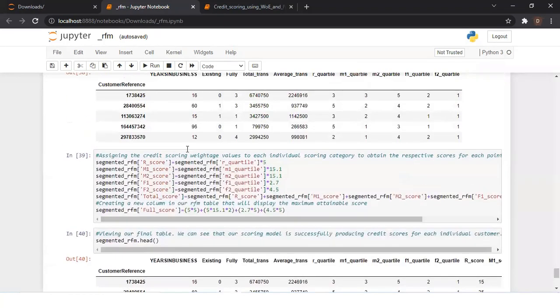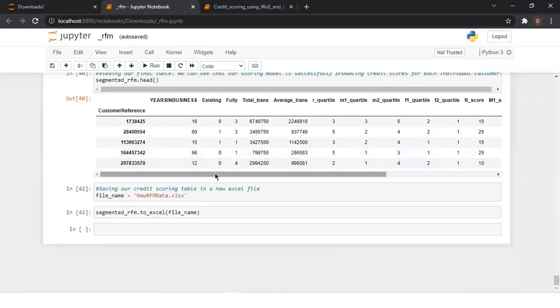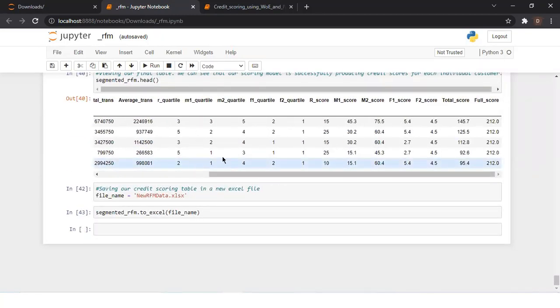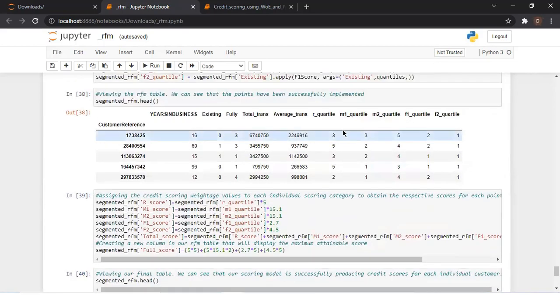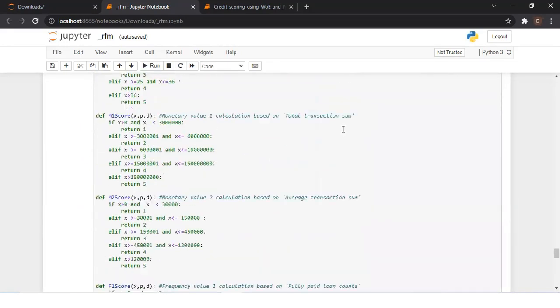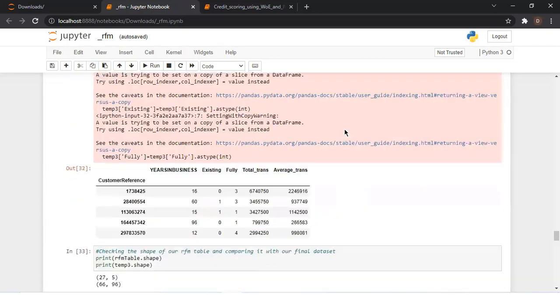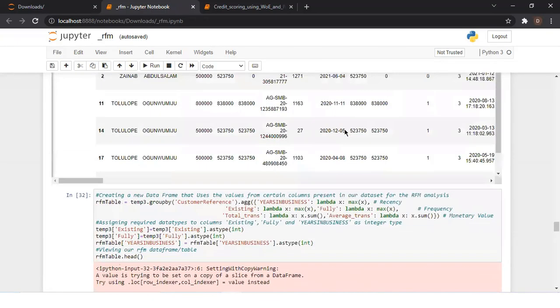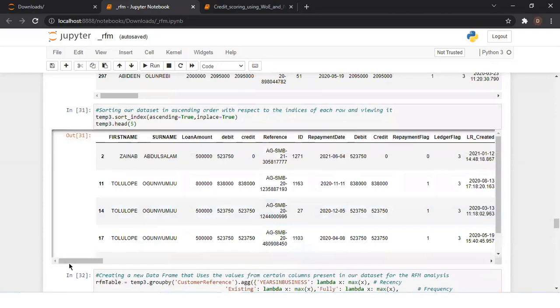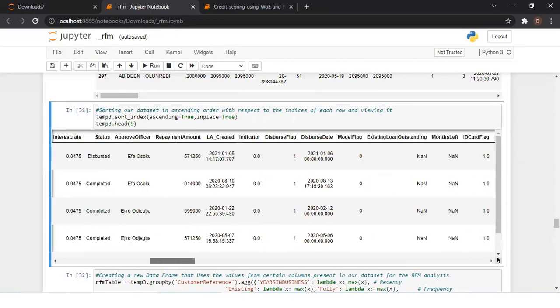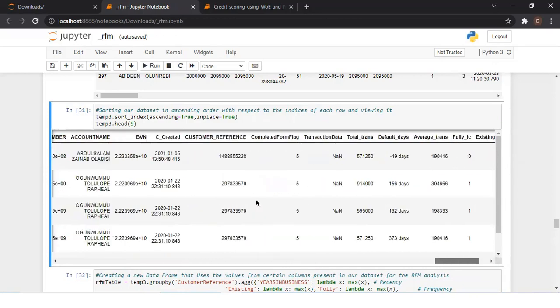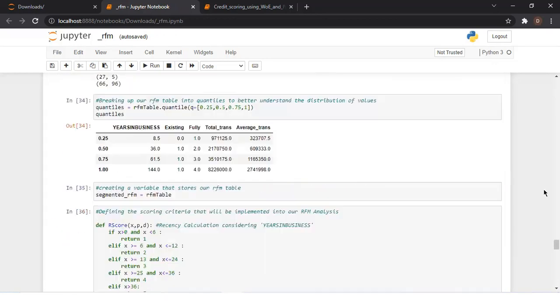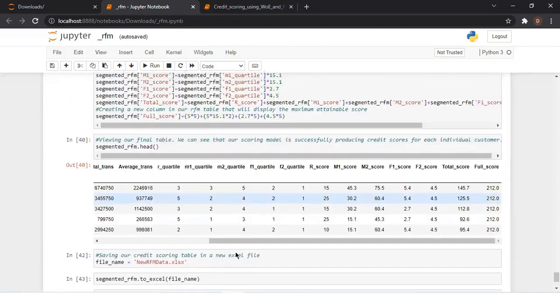where we put the total score. Give me a second. So I've just taken the head, or top 5, of these.